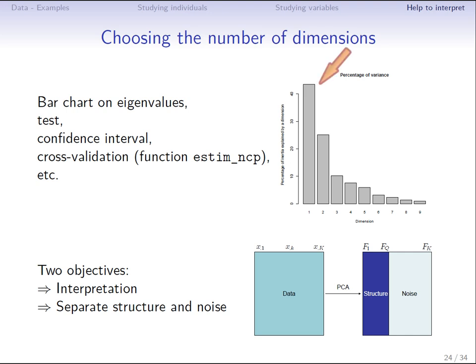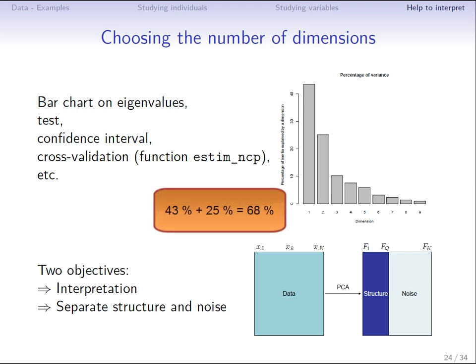So here we see that the percentage of variance explained by the first dimension is approximately 43%, and the percentage of variance explained by the second dimension is approximately 25%. So with the first and the second dimension, I explain 68% of the information that is contained in the 27 variables of the dataset.